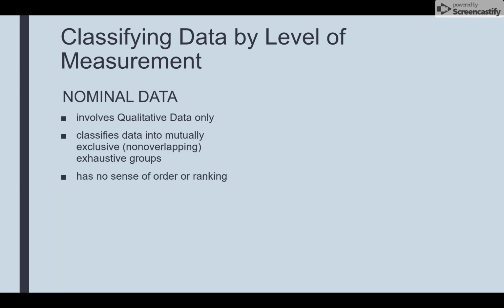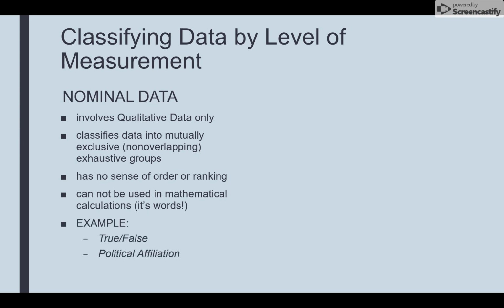It has no sense of order or ranking. You cannot do any mathematical calculations. Obviously, it's words. So things like true, false, yes, no, agree, disagree, political affiliation, zip codes, those are considered nominal data or data at the nominal level.